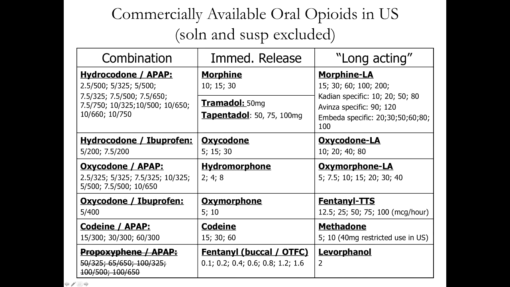So I apologize for that. Propoxyphene has been taken off the market, and we no longer have combination products more than 325 milligrams of Tylenol for either hydrocodone or oxycodone. So just some quick things to make changes to on the hard slide deck that you have in front of you.